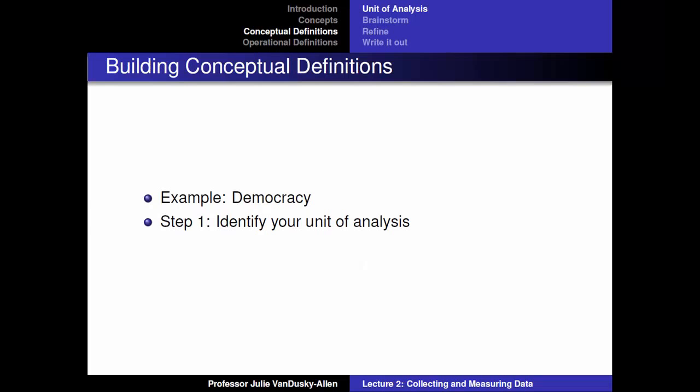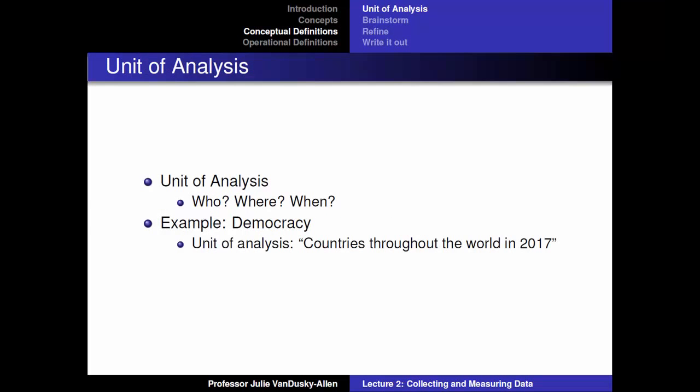In the next few slides, I will show you how to develop a conceptual definition. As an example, we are going to develop a conceptual definition of democracy. The first step in creating a conceptual definition of a variable is to identify the variable's unit of analysis. Recall that the unit of analysis tells us who the concept applies to. Is it individuals? Is it parties?